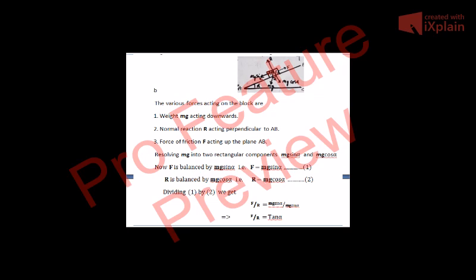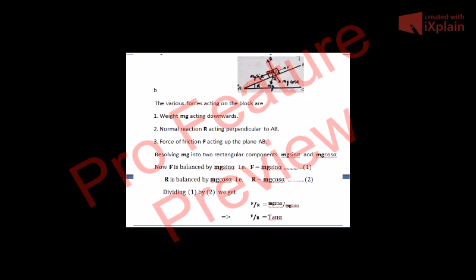Then, normal reaction R acts perpendicular to AB. Remember that normal reaction always acts at right angles to the surface of the body. Then there is the force of friction acting up the plane AB. As you can see, F is the force of friction.